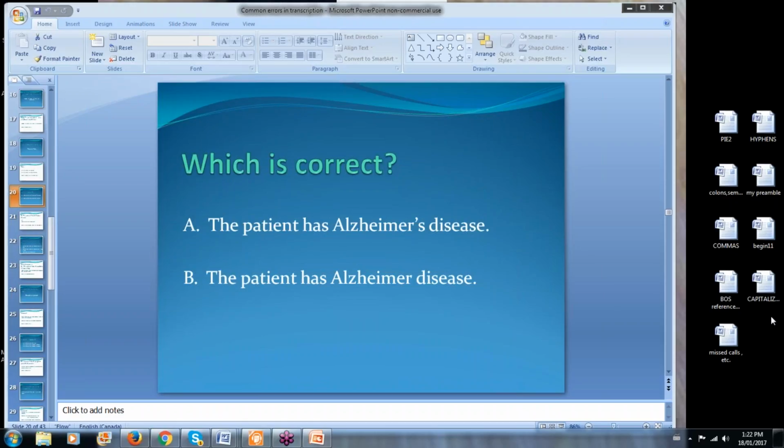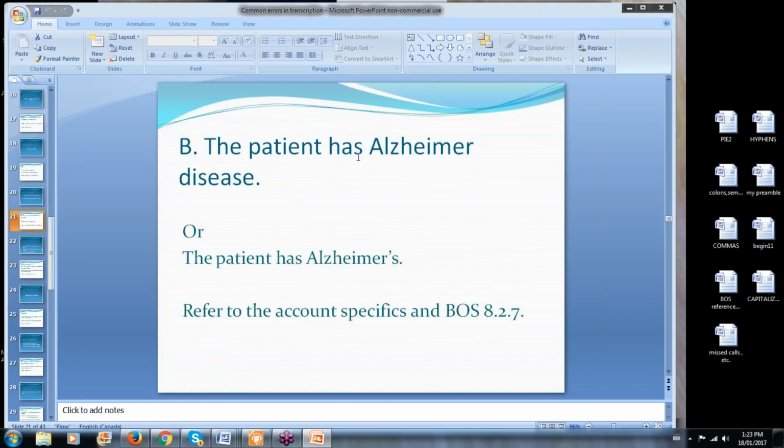Okay, Trish says the patient has Alzheimer disease. She's saying B, unless you're saying B. And who said A? Courtney said A. Oh, there's a couple A's there. Anyway, it's actually B, the patient has Alzheimer disease, or the patient has Alzheimer's.